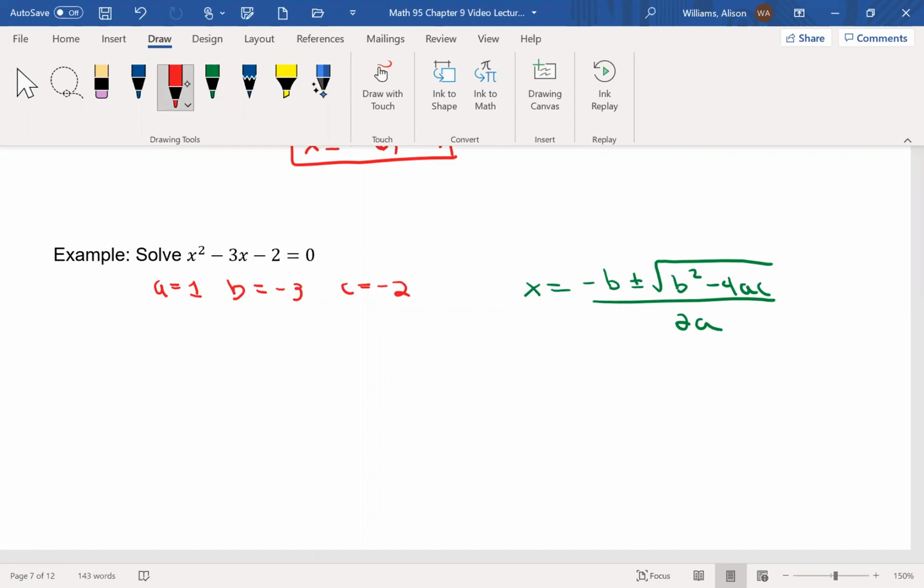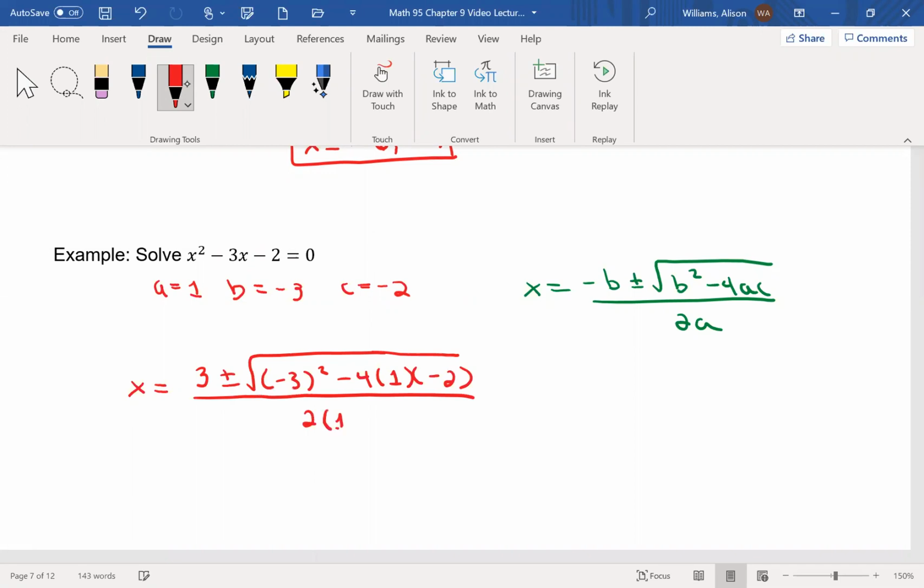Okay, so in this case, because B is negative 3 and we're plugging it into negative B, it's actually becoming positive 3. So the double negative becomes positive 3 plus or minus the square root of negative 3 squared minus 4 times 1 times negative 2 all over 2 times 1.